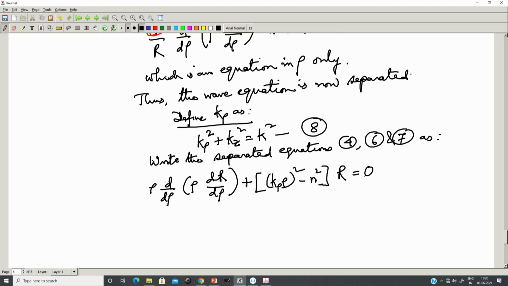That is equation 7 rewritten, we call that equation 9. And d square capital phi d phi square plus n square capital phi equal to 0, that comes from equation 6. We call this equation number 10.